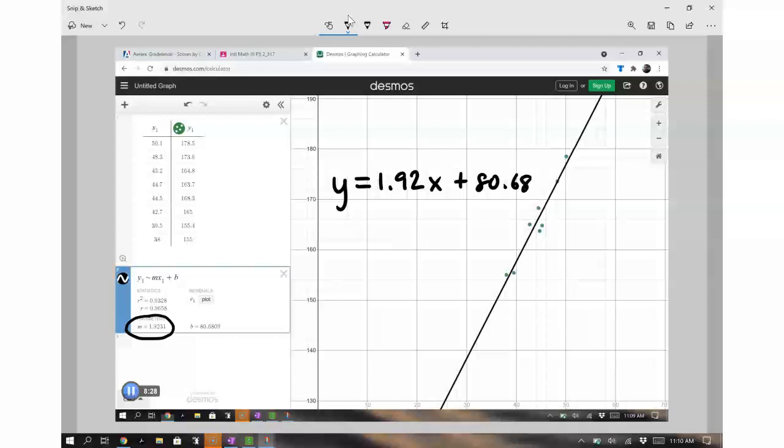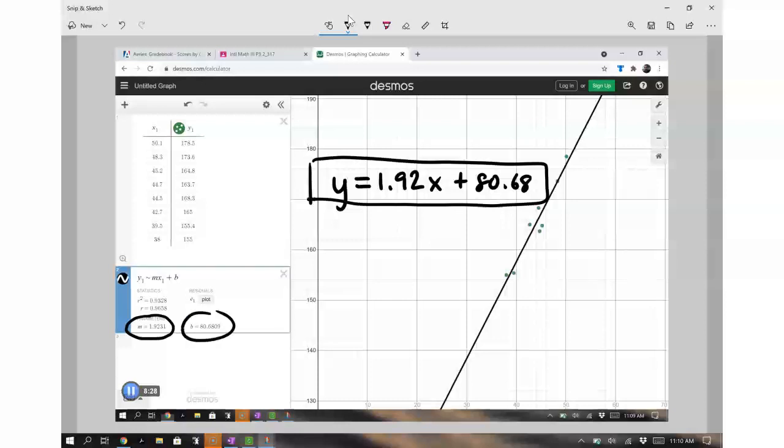And that's the equation you're supposed to put in that line that they left for you where it says equation. Oh, am I zoomed in? Sorry about that. Hold on. Well, there's the b value. Sorry about that. But this is the equation you're supposed to put into that line for the one that we did. Y equals 1.92x plus 80.68.